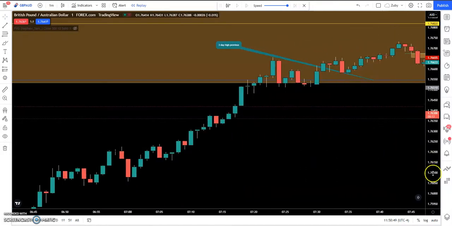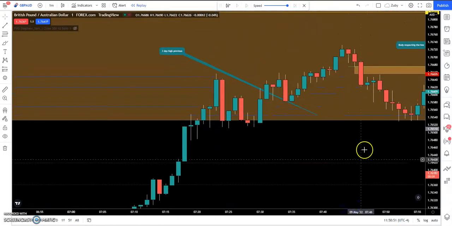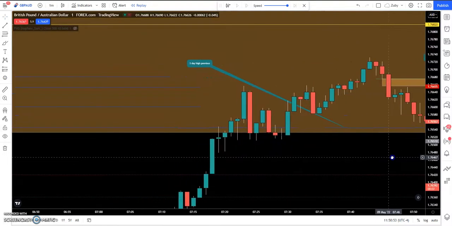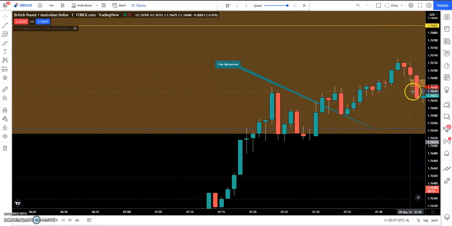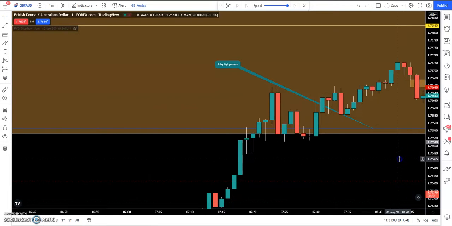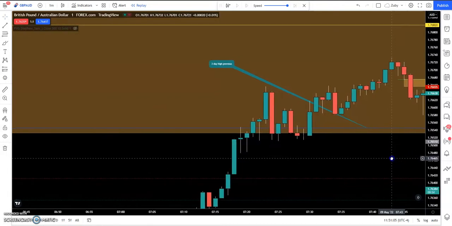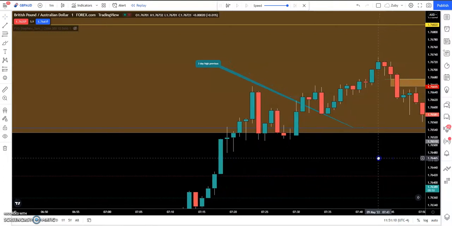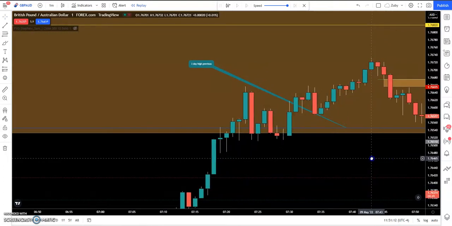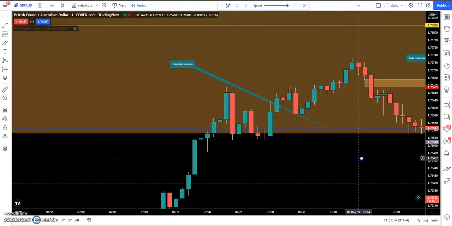Right in there, you will see after this candle, we had a fair value gap between this low and this high. So moving forward, what happened is I had entered, which I will show.